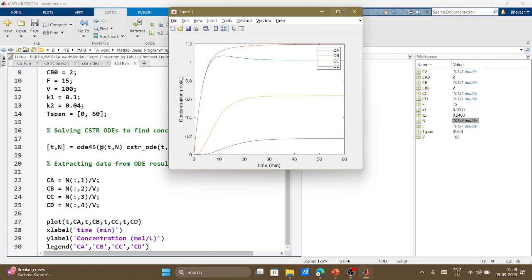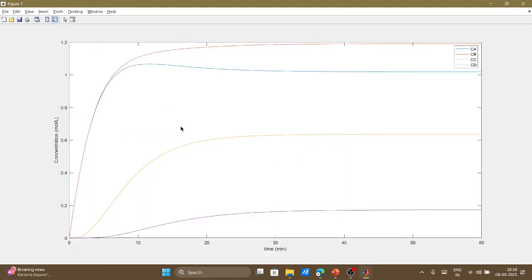You are getting this plot with all the data of how your concentration of A is changing, B is changing, C and D, right? So initially everything is 0. As soon as you start the CSTR, both A and B start coming into the reactor, right? By the time it's filled, the reaction between A and B will also start, and you will get C starting.